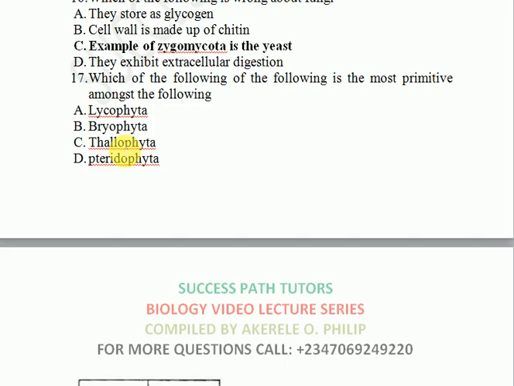So the most primitive, that means the least advanced, would be thallophyta.